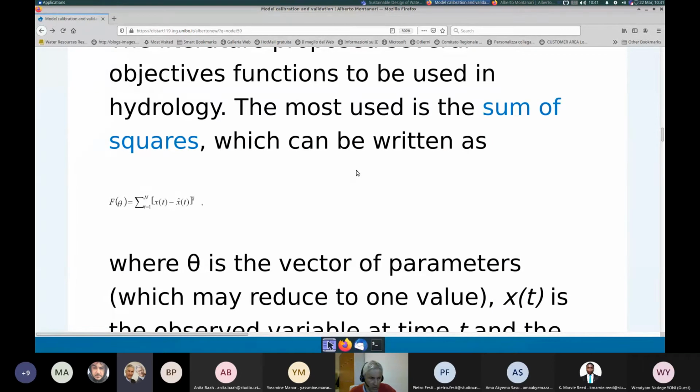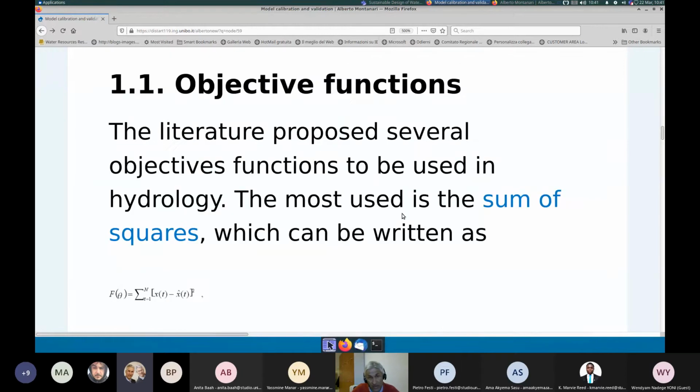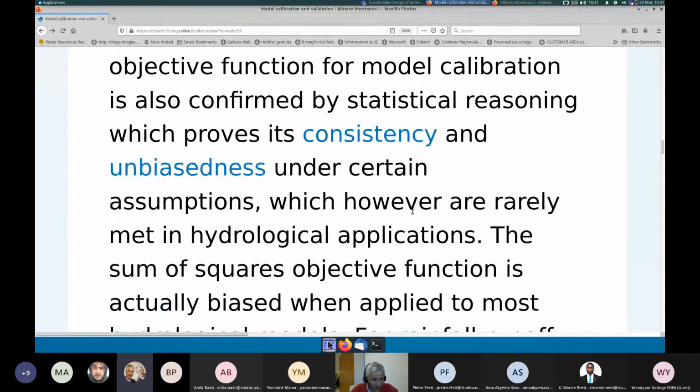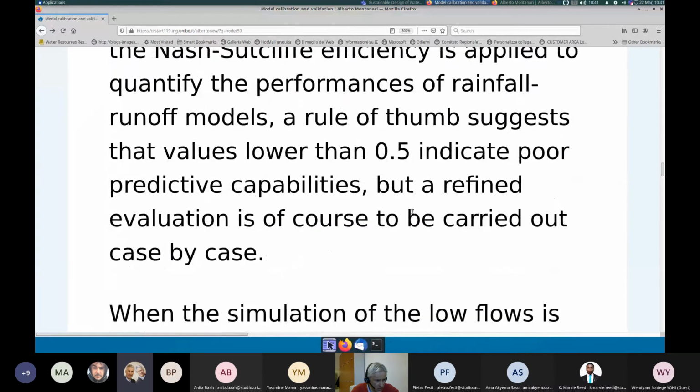Good. So I think that calibration is, in this case, resolved, but we still need to talk about what to do if I don't have any observation. So I cannot compute any objective function. Let me see where it is discussed in my web page.